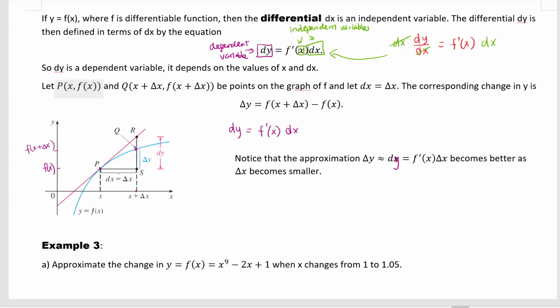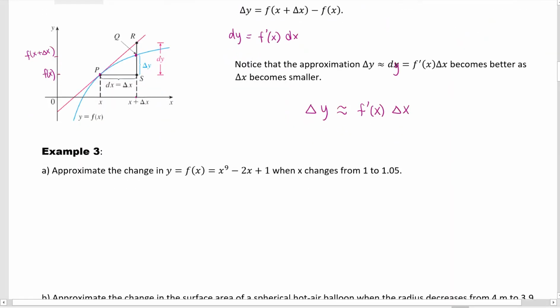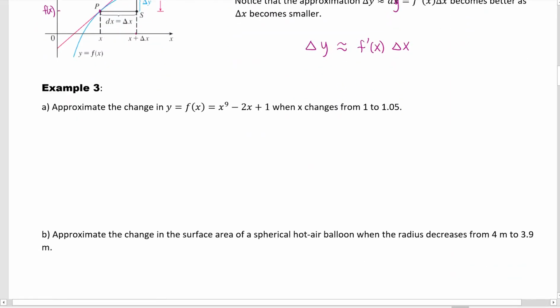Oops, there is a typo. Okay, so when change of x is getting close to 0, change of y is approximately dy. dy is f prime of x dx. But because here we're letting dx be change of x. Okay. So this is our formula. We have change of y approximately f prime of x times change of x. Okay. So use this formula to solve the following problems.